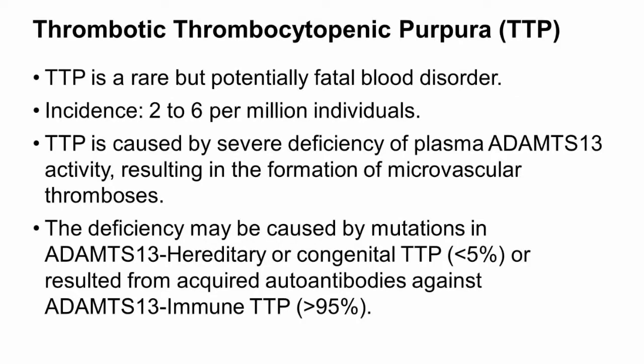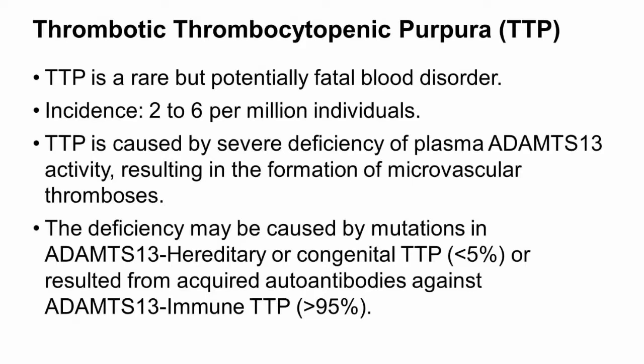Thank you, Dr. Besley, for your nice introduction. So what I'm going to talk about is TTP. You probably all know what TTP is. TTP is a rare but potentially fatal blood clot disorder. The incidence is about 2 to 6 per million residents. TTP is caused by severe deficiency of ADAMTS13 activity, resulting in formation of microvascular thrombosis throughout the body.